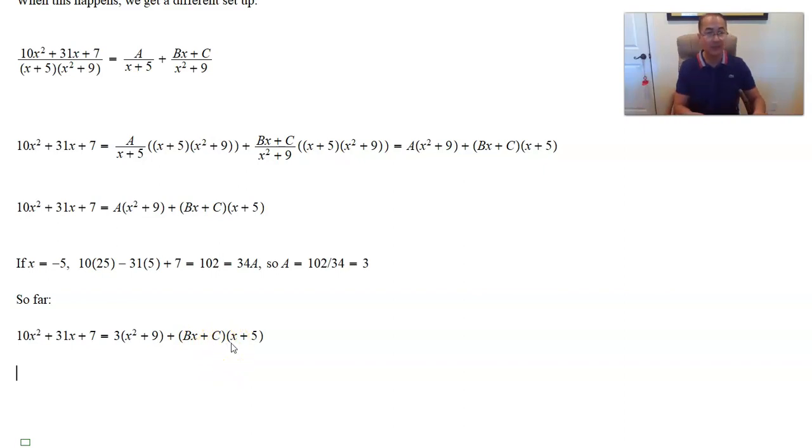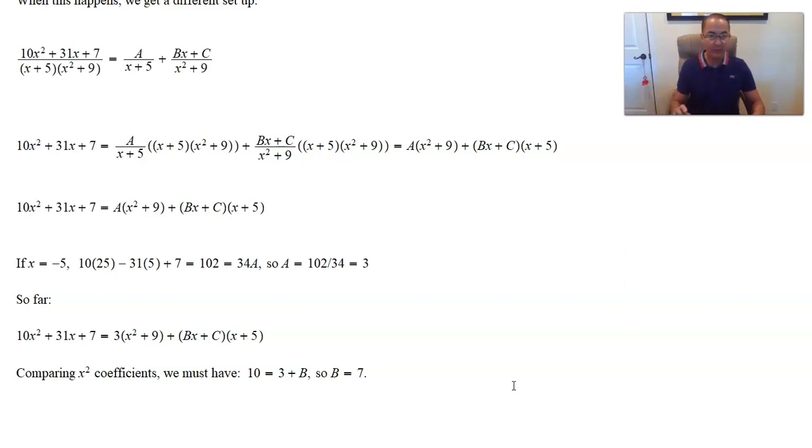So comparing x squared coefficients, we must have, this is really good, 10 equals 3 plus b. 10x squared, 3x squared, bx squared. Excellent. So b equals 7.